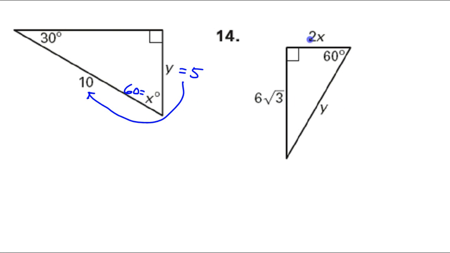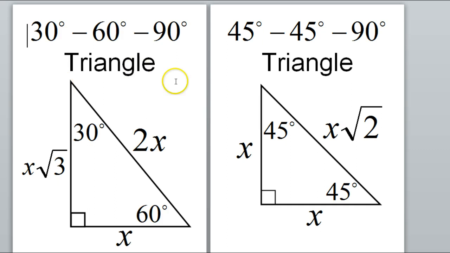Okay, the short leg, we have this expression 2x. You know what, I might have to do that thing that I do. I'm going to use the pattern of the 30, 60, 90 triangle, alright? But instead of x's, I'm going to do b's. So this will be b, 2b, and then b radical 3.